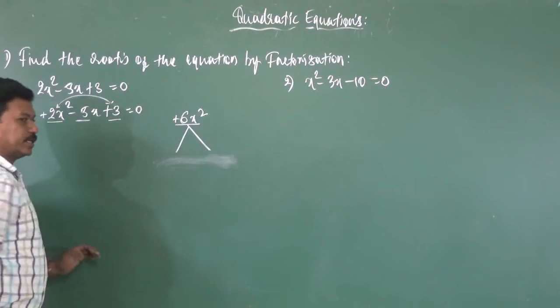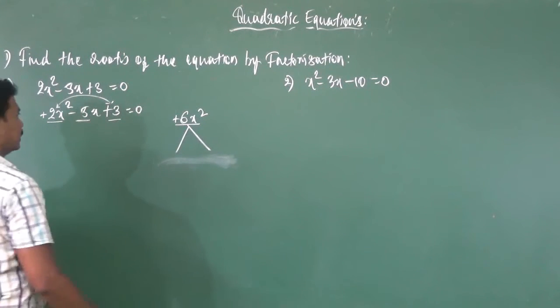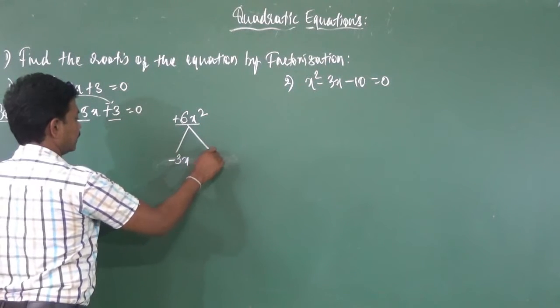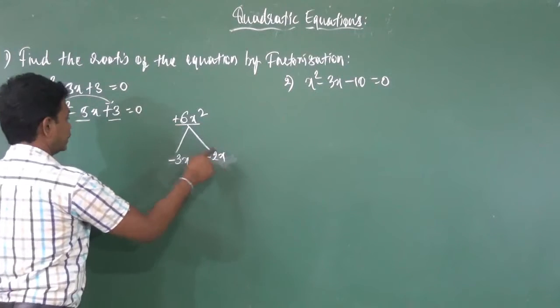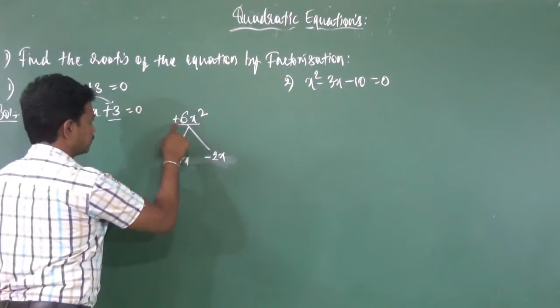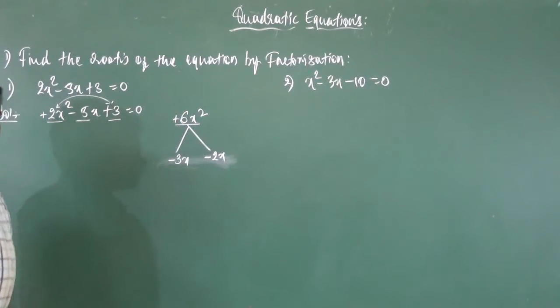See, this is how you have to check, this is how you have to inspect, right? Okay, let us take another two: minus 3x and minus 2x. Let us check it out. Minus 3x plus minus 2x is minus 5x. Okay, we are getting that. Minus into minus is plus. 3 twos are 6. x into x, x square. Yes, the things are getting settled.